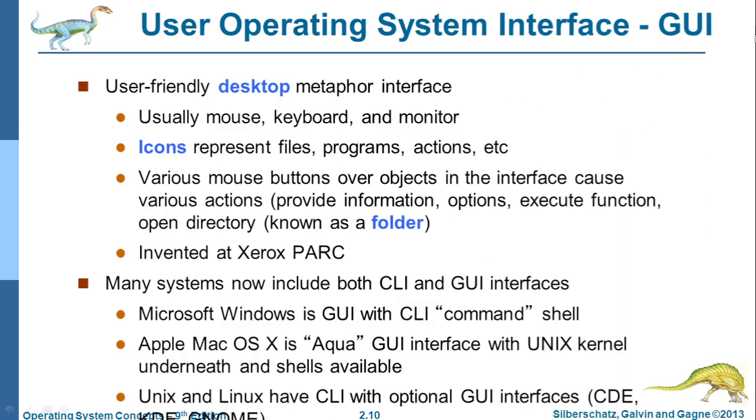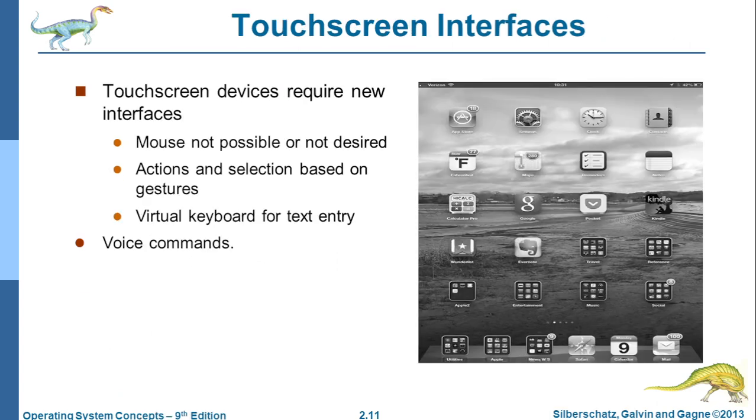Another is the graphical user interface. This is more user friendly. Here you don't need to write anything. You just click on a software icon using the mouse. This is different from CLI, and this is called GUI. So an example of GUI is this, right?